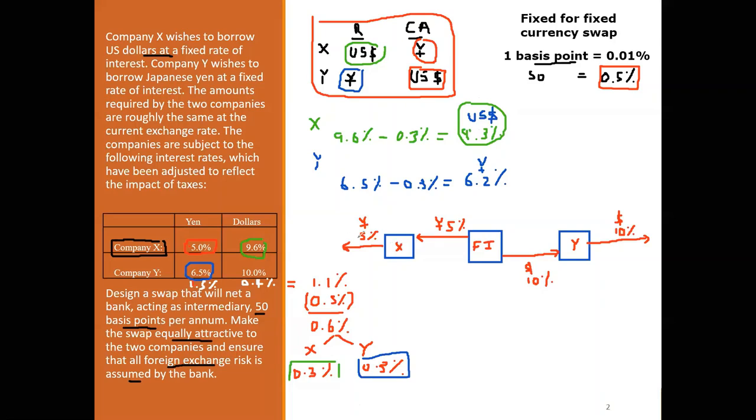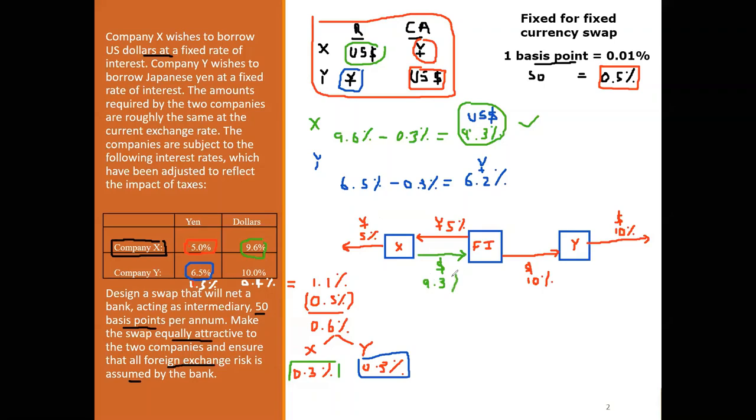X is paying 5% on a yen amount to the outside party, and this amount X is receiving from the financial intermediary. So now we can account for the cost of X. We need to make sure that X pays 9.3% on the dollar amount to the financial intermediary.